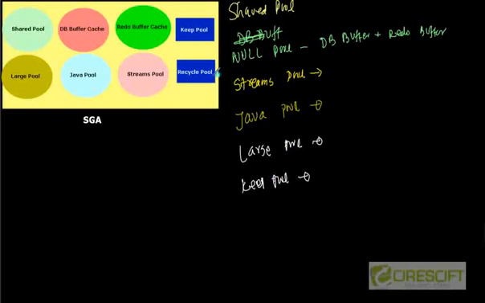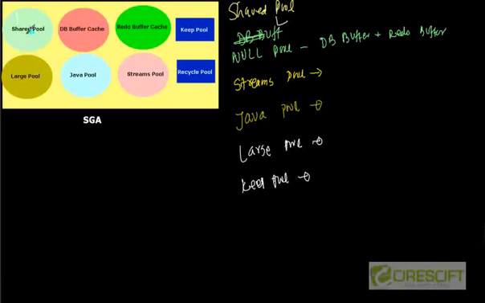The recycle pool is an area that is always recyclable. These two pools do not follow the LRU, least recently used, algorithm. Essentially these are the different types of pools, and each of them is divided further. For example, the shared pool may be divided into library cache, dictionary cache, control cache, and so on.